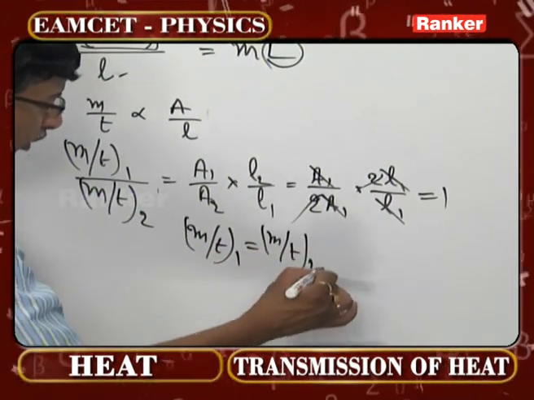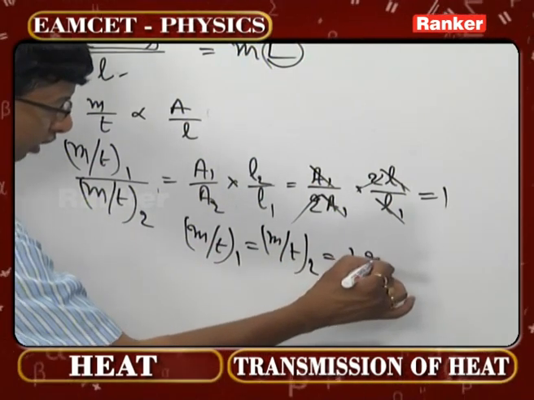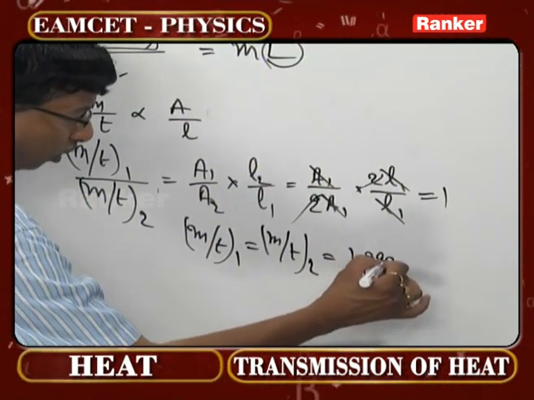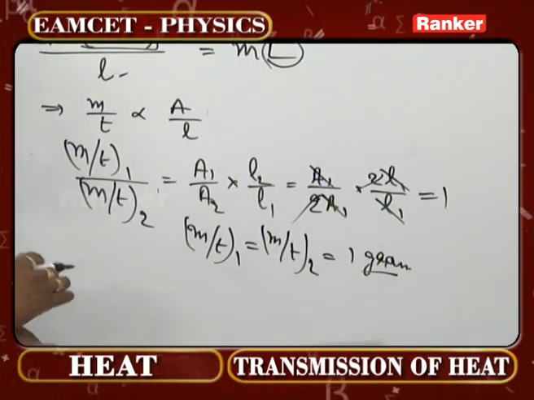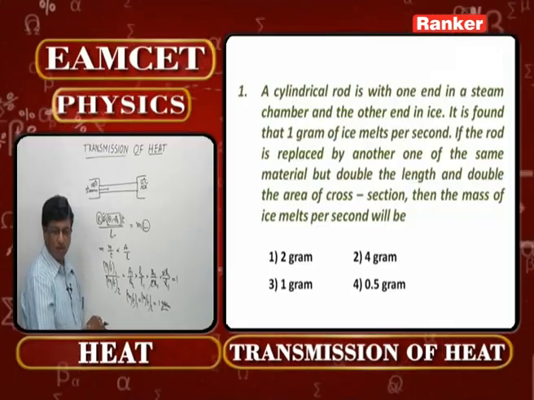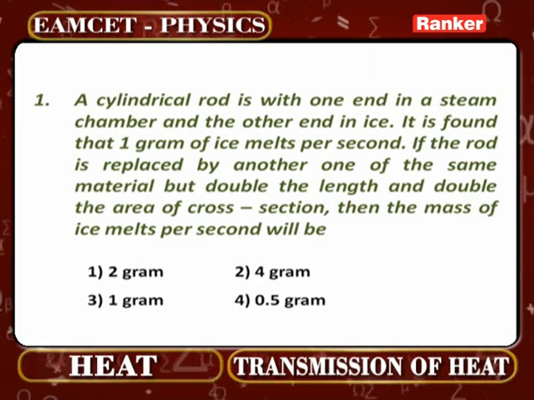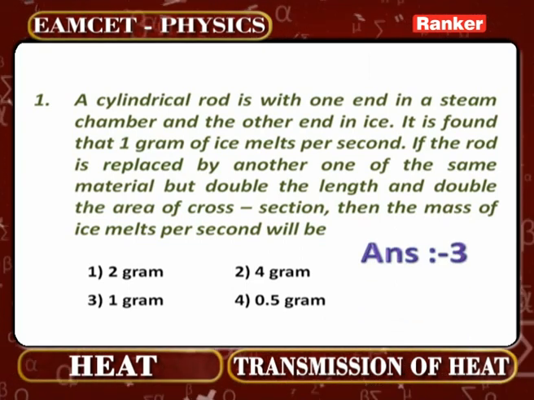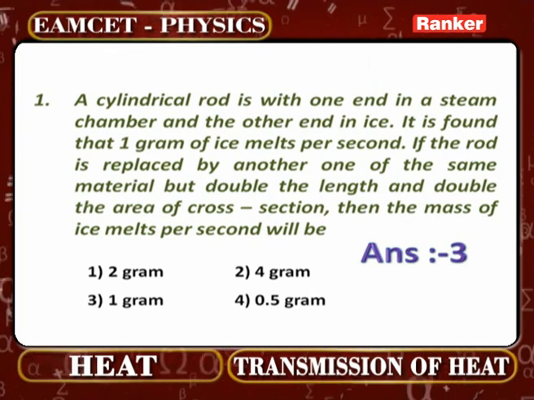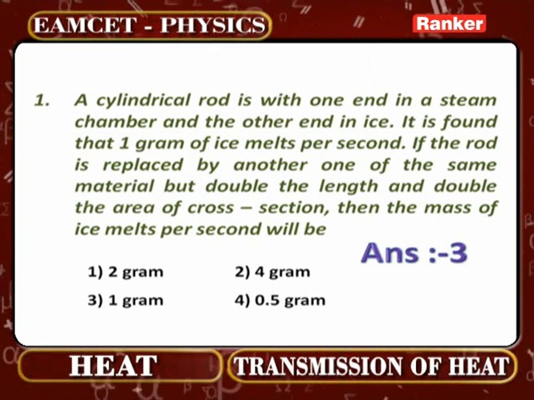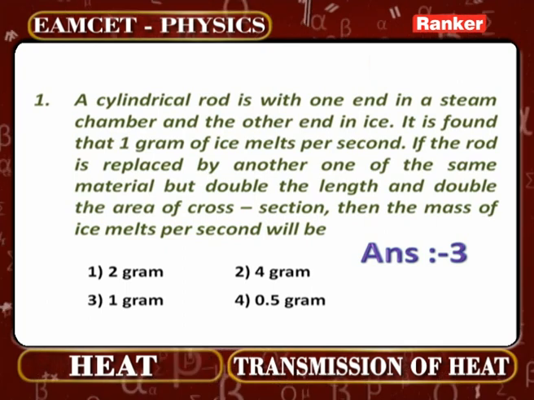So M by t in both cases is going to be the same. What should be our option now? The third option is the correct option, because 1 gram is what has been mentioned there and 1 gram is what we have got after calculating. So this is the concept one has to remember.